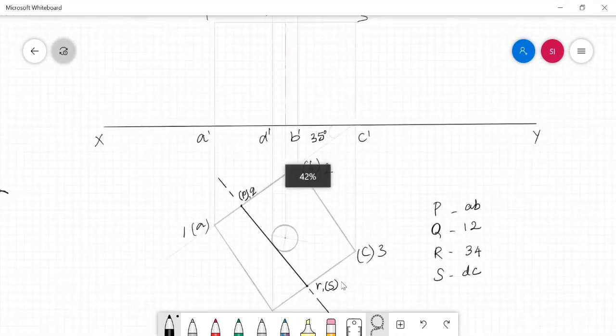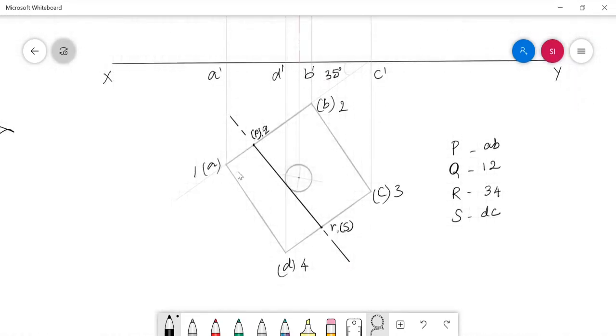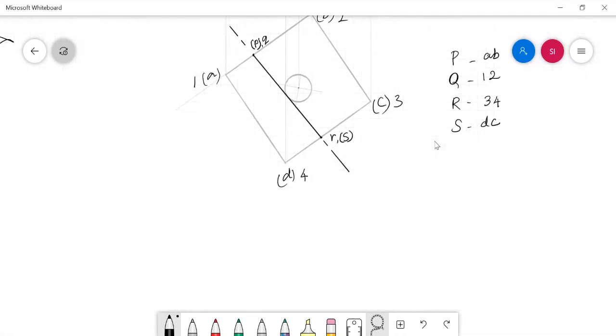Now one more duty is there in the base view area. See here, two portions are there after sectioning, this portion and that portion. Out of these two, this portion is considered to be the removed portion, because it lies between the observer and the cutting plane. So this is your observer, this is your cutting plane.